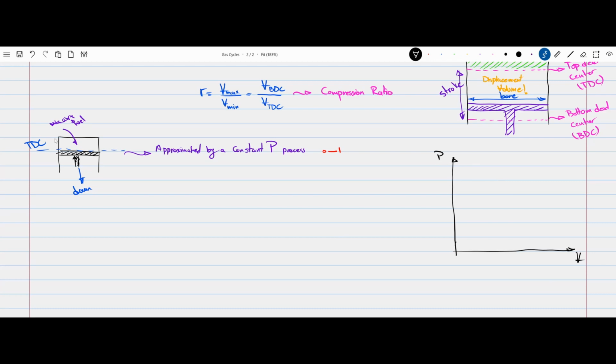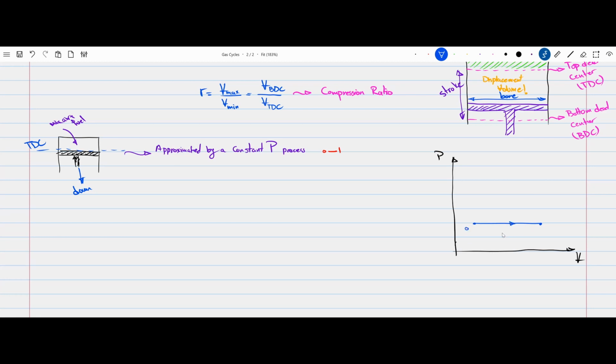Now, the thing about the mixture of air and fuel is that typically you're looking at an air mixture that has entered the engine from the grill in front of the car, and usually you're looking at the air at atmospheric pressure. So I'm going to say that process 0 to 1 looks like this, kind of.